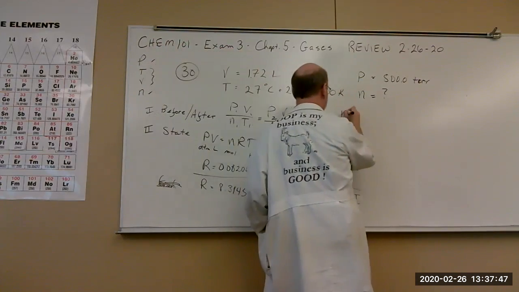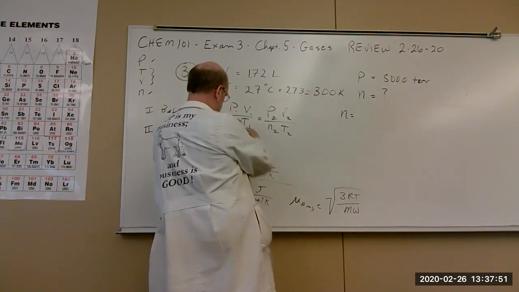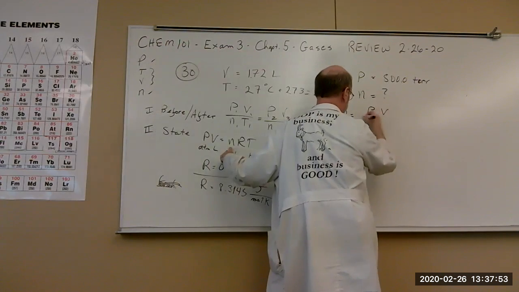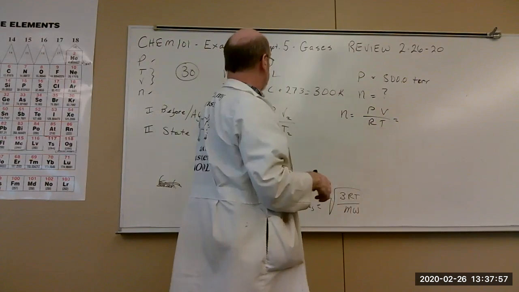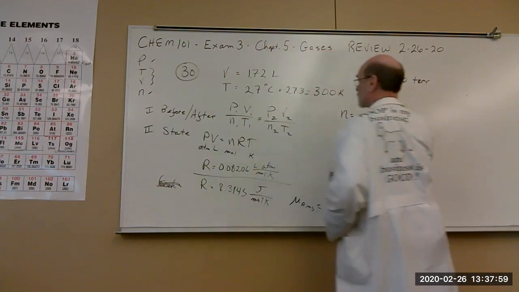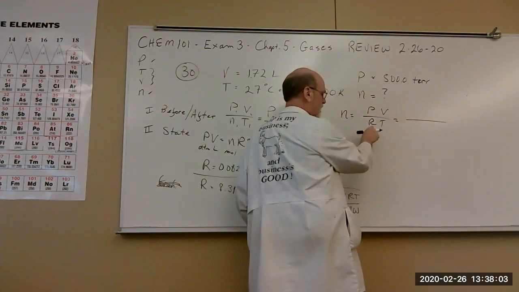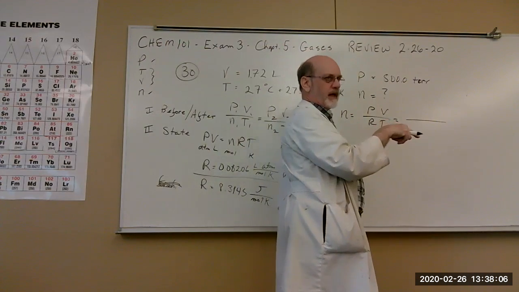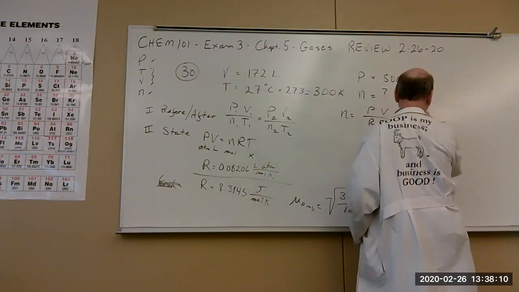We just have to solve for moles. And so this one stays put. These two go over there. Like that. Then we can plug in our values. Volume is in liters. That's right, because our R is in liter atmospheres per mole K. So we need the liter volume, which is true.